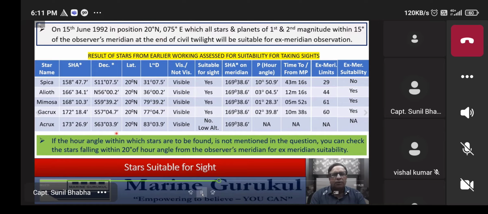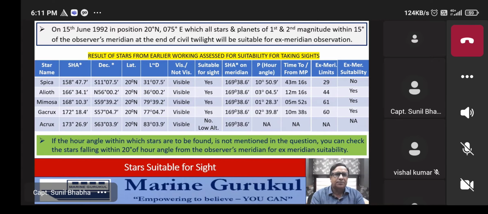Now, if this R angle limit is not given in the question, and we have to perform this check for X meridian observation, then we can check the stars falling within 20 degrees of R angle from the observer's meridian. So if this limit is not contained in the question, you can set this limit at 20 degrees and carry out a check that shall suffice our purpose.